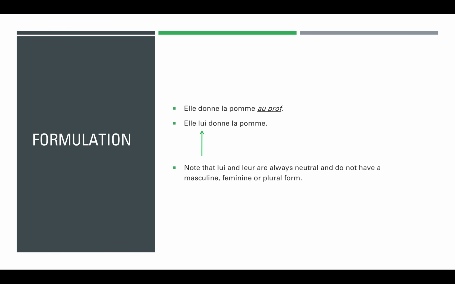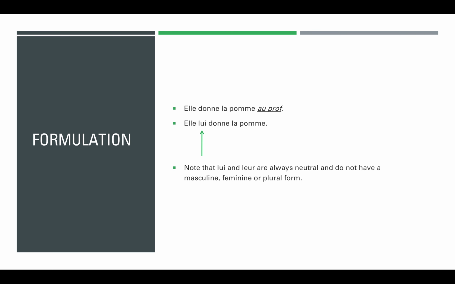The formulation, just like our direct object pronouns, goes before the verb, goes before the conjugated verb. Well, it goes before the verb with which it is associated. 99.9% of the time, what that means is if there is one verb, our conjugated verb, you're going to put it in front of that verb.